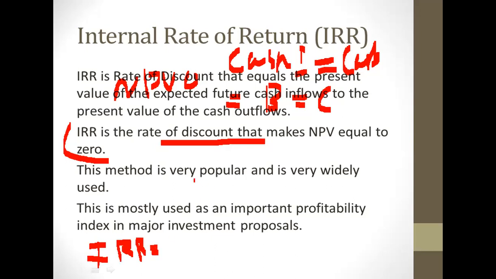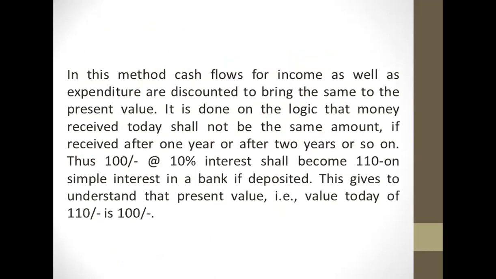I will explain with the help of a figure what the internal rate of return is, then you will understand its meaning clearly. To calculate the internal rate of return, we use a particular formula. Before entering into the formula, we will highlight its significance and how it is arrived at. In this method, cash flows for income as well as expenditure are discounted to bring them to present value.